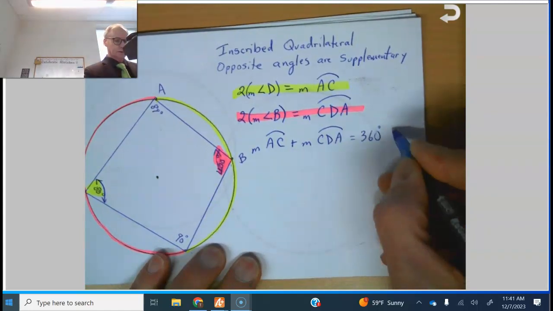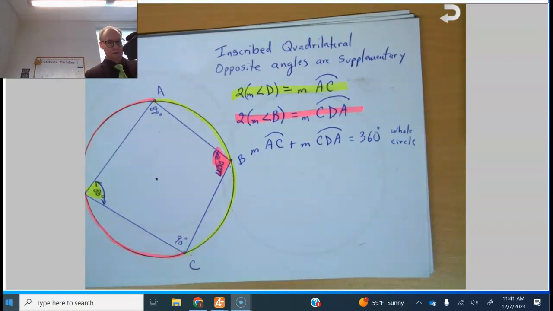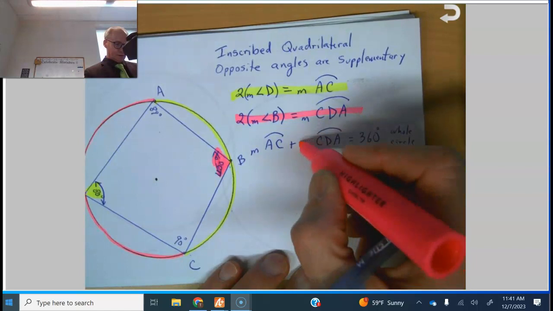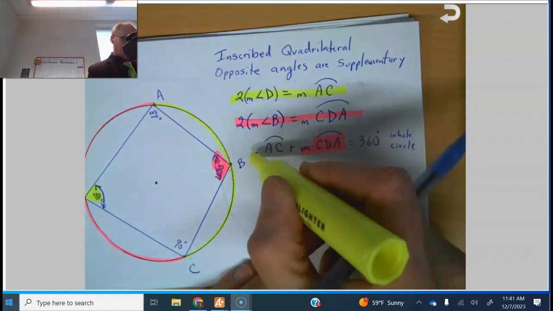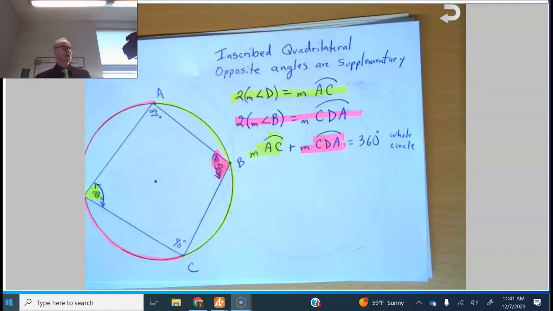I get the whole circle. This arc plus this arc gives me 360 altogether.